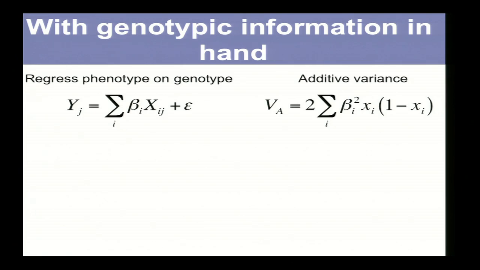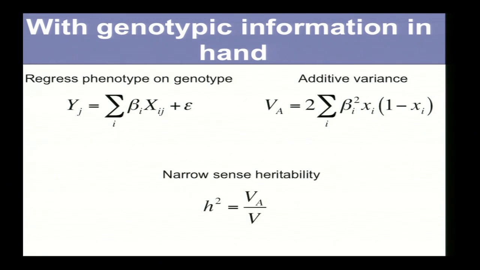Now we have genotypic information, and being the last session of this course, I'm not going to talk about GWAS. I assume that you had multiple presentations about GWAS, but if we have GWAS, what I can do is take my phenotype, regress on every locus, every marker on the genome, and compute additive variance and estimate heritability.